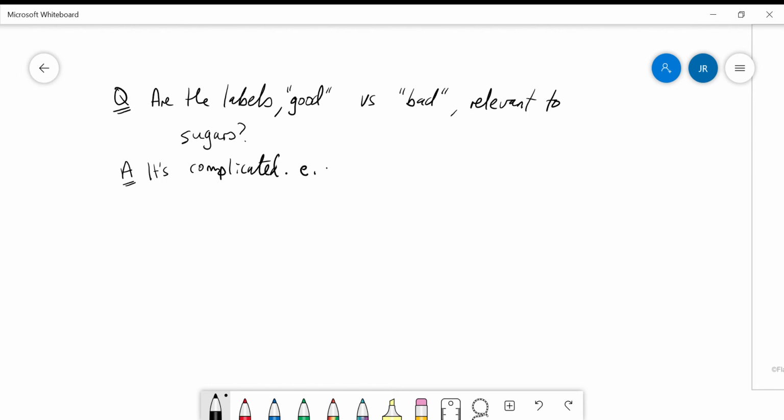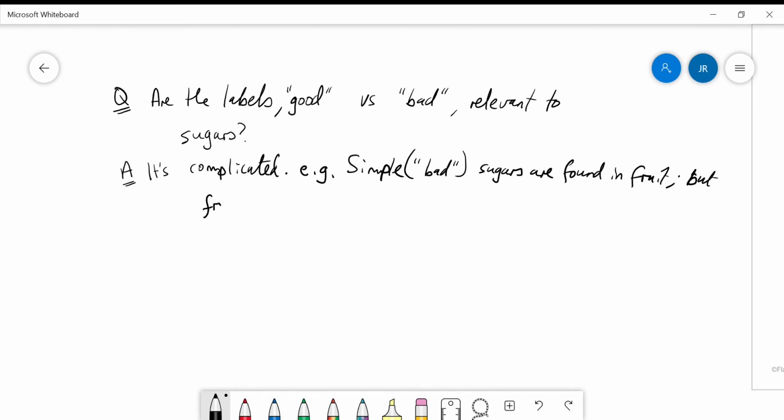So an example of why it's complicated: simple sugars, the bad ones, are found in fruit. And fruit is good, right?